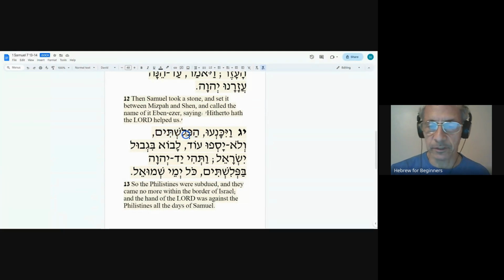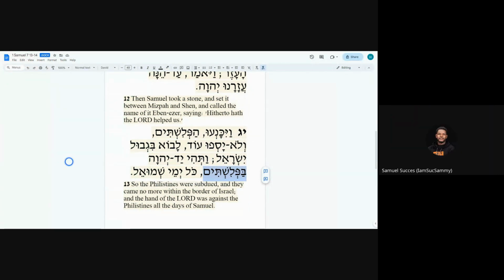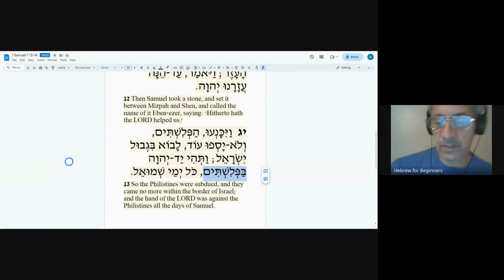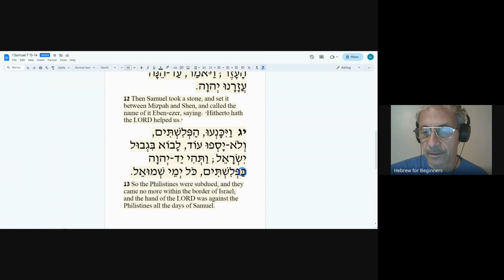Another example that's a little more subtle, but possibly even more meaningful, is in the last line. Sammy, could you give us this pronunciation on the last line? Ba-plishtim. Very nice. So here's an example of a prefix that contracts the words, the bet meaning with or in, and the patach standing for the ha, the.